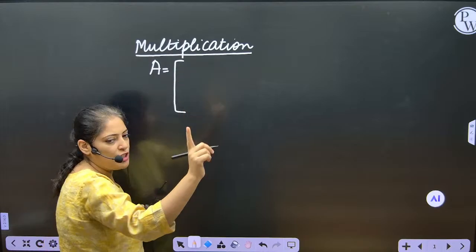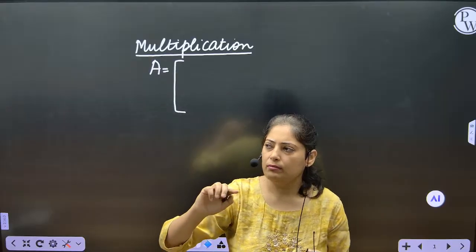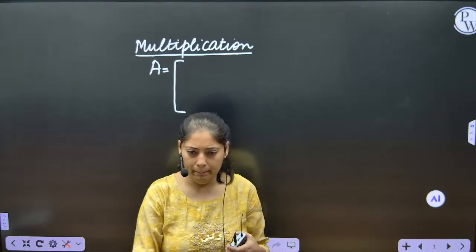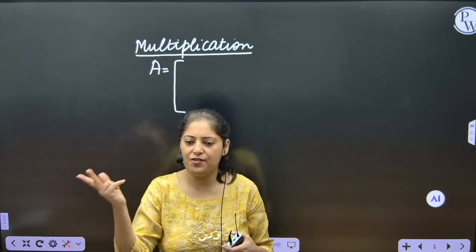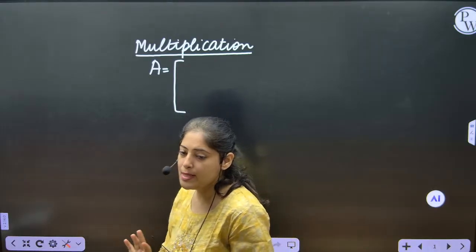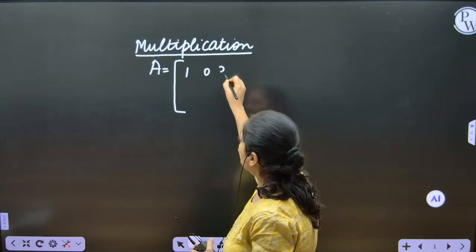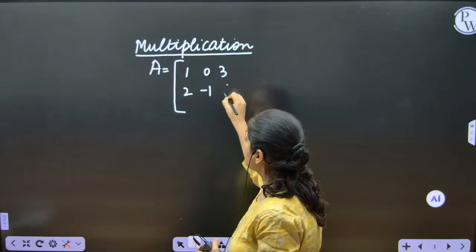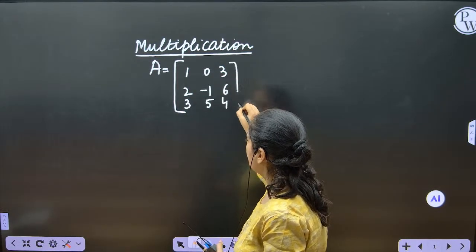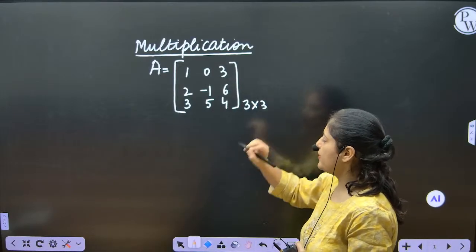And for multiplication, if you remember, I told one order: the number of columns of the first matrix and the number of rows of the second matrix should be the same. I'll repeat my words. 1 0 3, 2 minus 1 6, 3 5 4. This is a 3 cross 3 matrix.